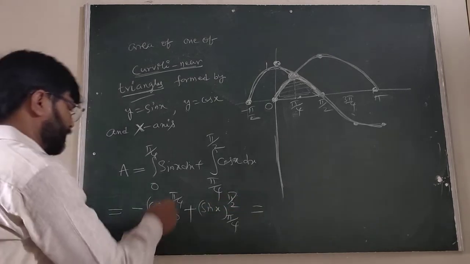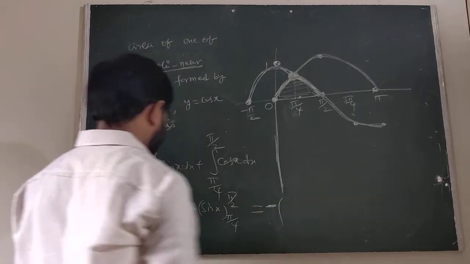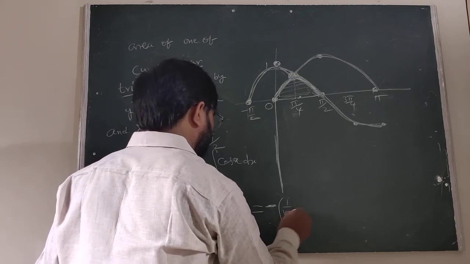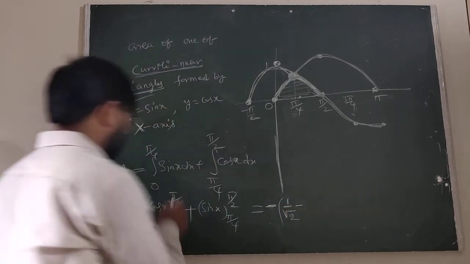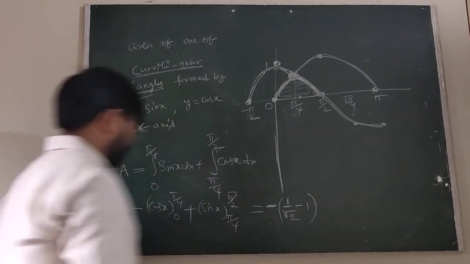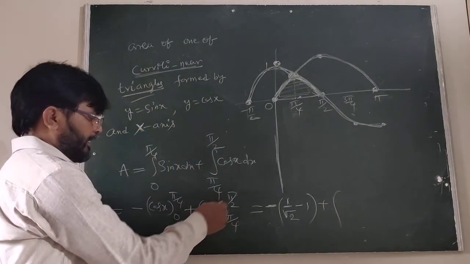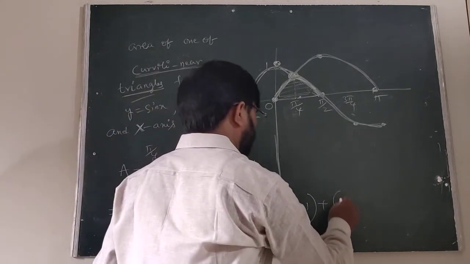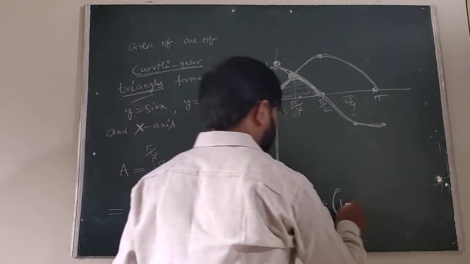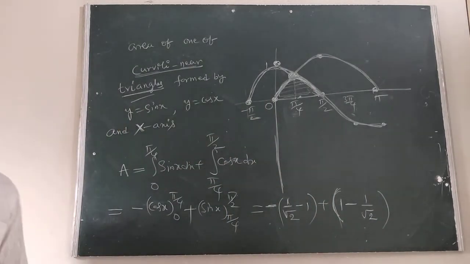Now we apply the limits: minus of cos 45, which is 1 by root 2, minus cos 0, which is 1. Next, sin 90 has value 1, minus sin 45, which is 1 by root 2.